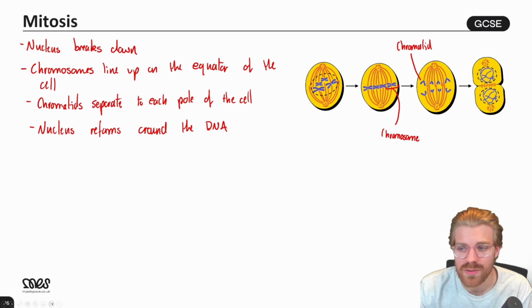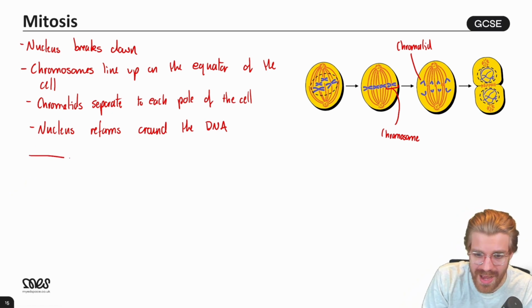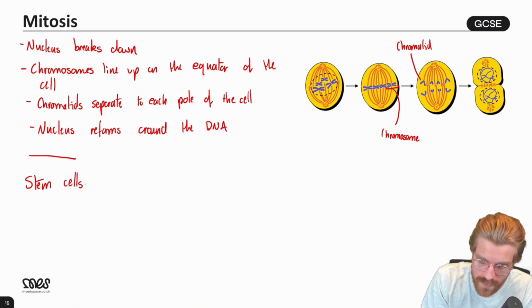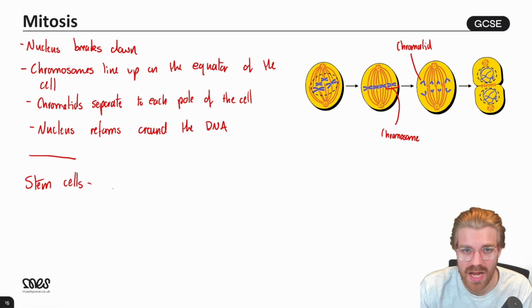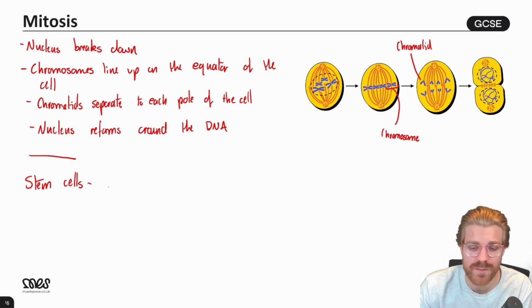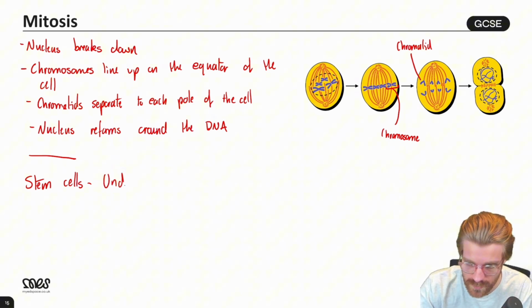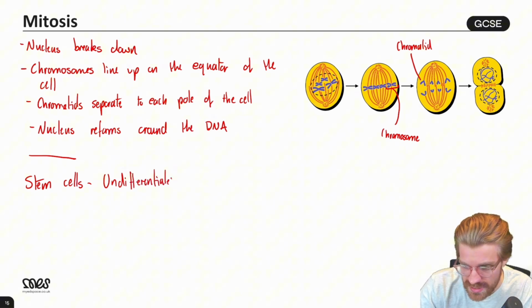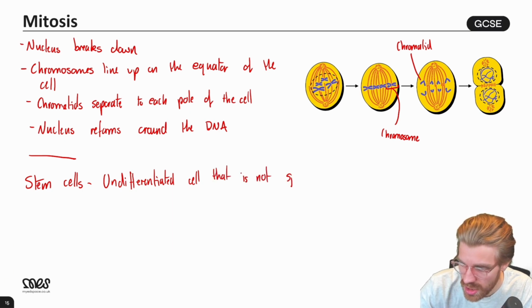Now, these cells that are dividing, these are what we would call unspecialized cells, or we might refer to them as stem cells. A stem cell is an unspecialized cell, or we could say an undifferentiated cell. So it is an undifferentiated cell that is not specialized.